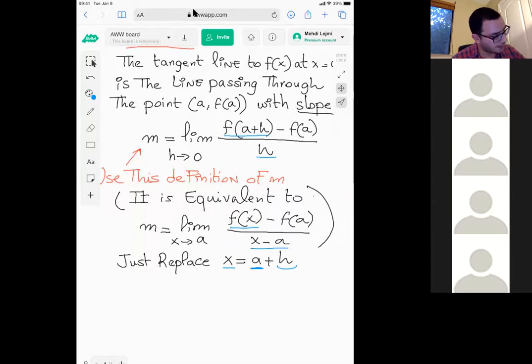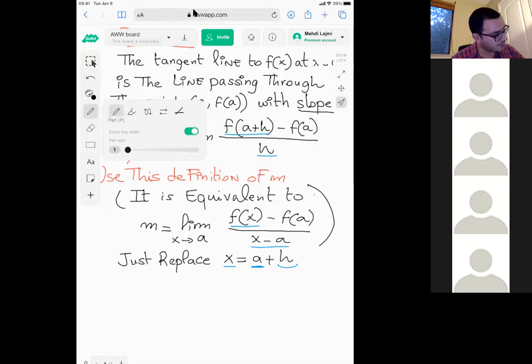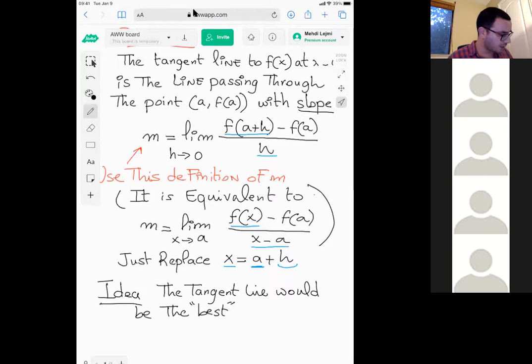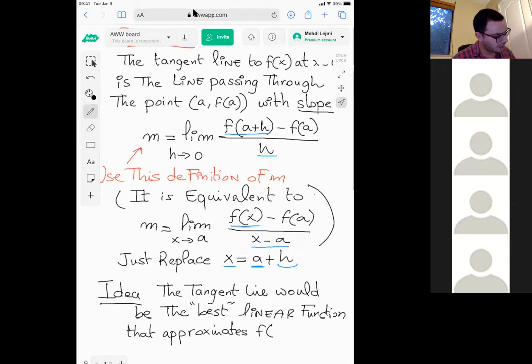So the tangent line would be the best linear function that approximates f of x in a small neighborhood of x equal to a.